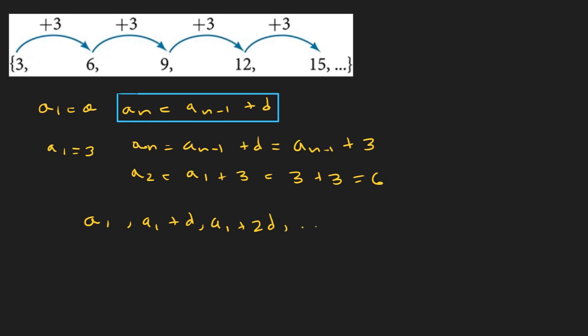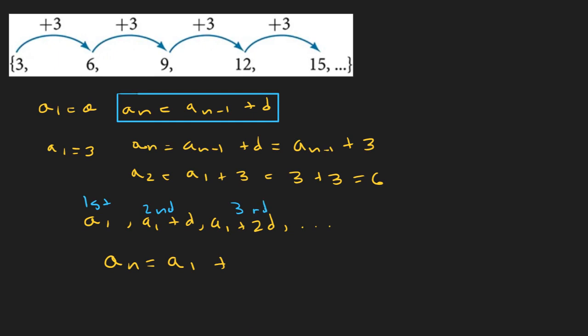Essentially, we see that the pattern is such that a_n is going to be the first term, a_1, plus, well, notice that here we have our first term, then our second term, and then our third term.